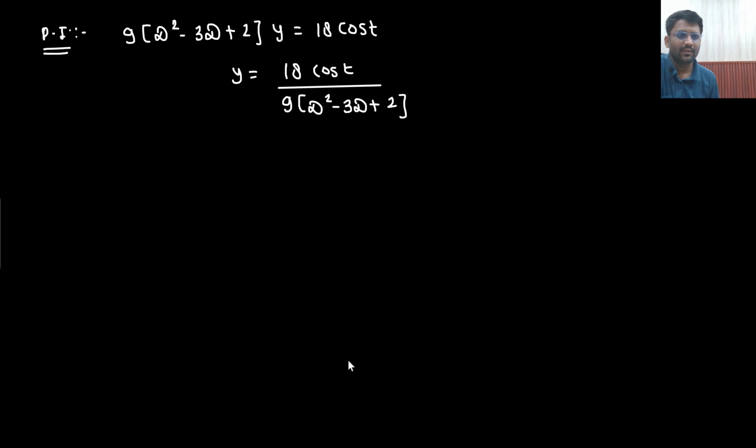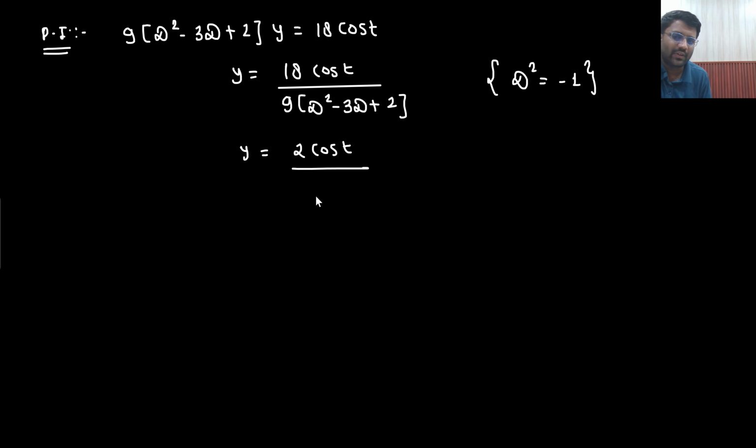Right? So what will happen? d square equals minus a square you are supposed to put. So d square equals minus 1 you are supposed to put here. So y will be 18 by 9, that will be 2 cos t. You are supposed to put d square equals minus a square, the value of a is 1. So minus 1 you are supposed to put.